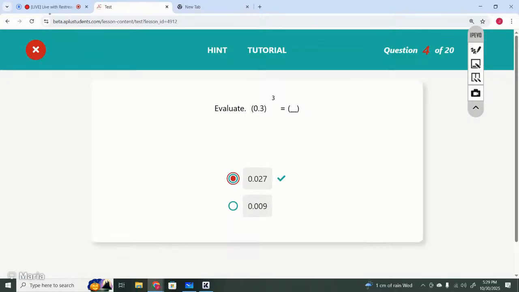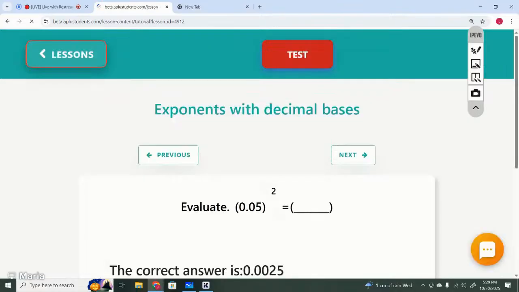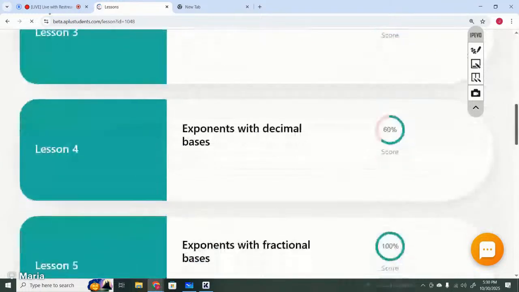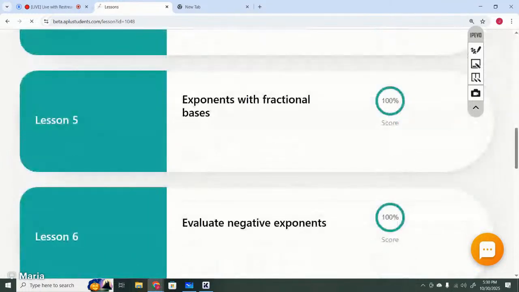Okay, you can complete the lesson by yourself later today. Let me just move on to the next lesson. The next lesson is exponents with fractional bases.